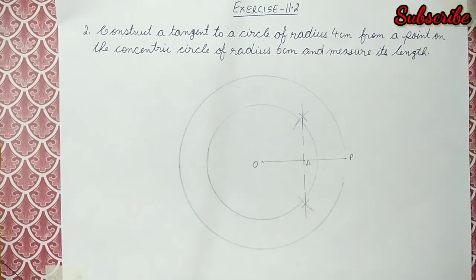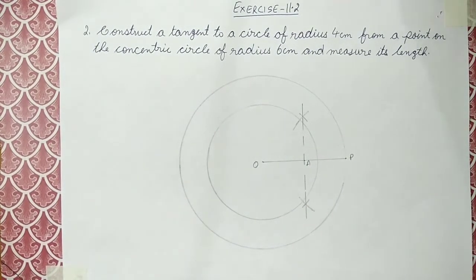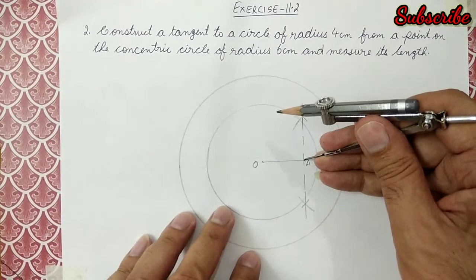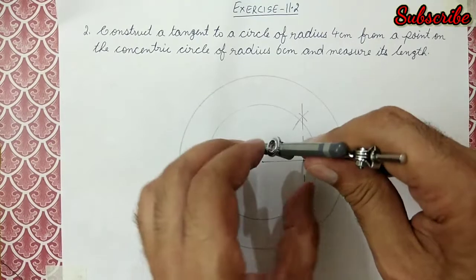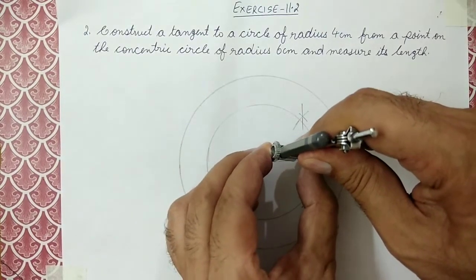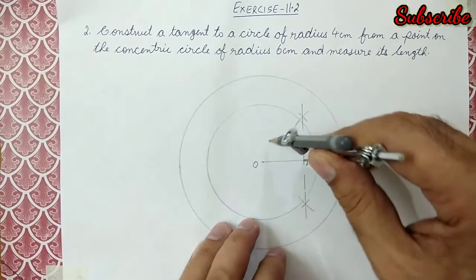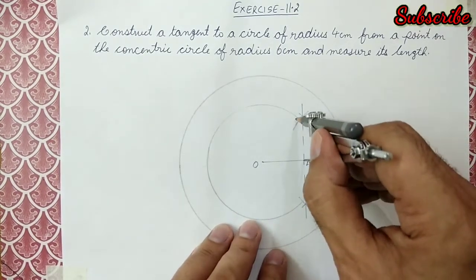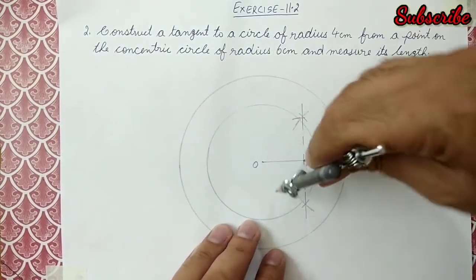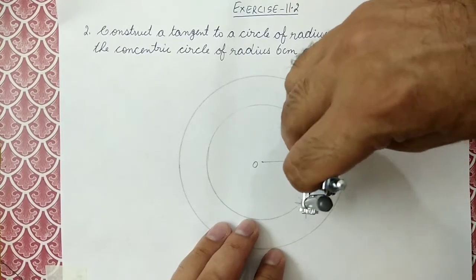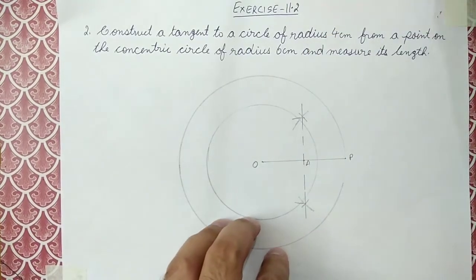So next step, just keep the compass at A, open it equal to OA or AP. So we keep it at A. Right, so just mark the arcs. This is one arc and this is the other arc. Be very careful, you can get confused.